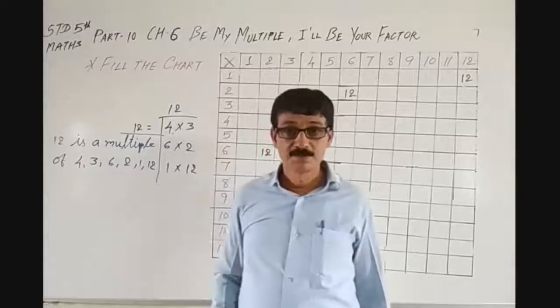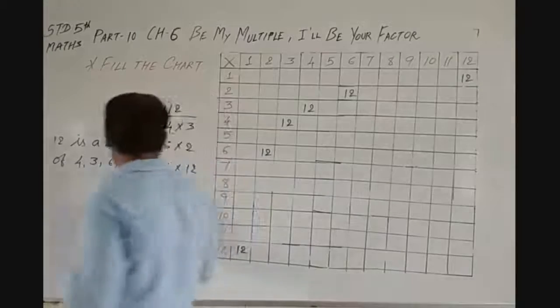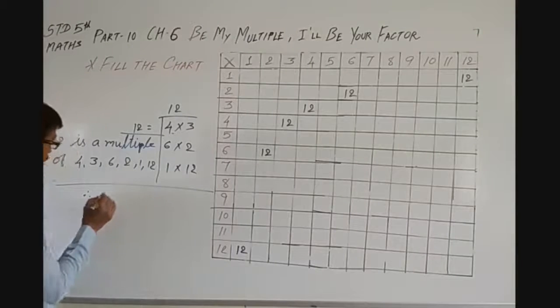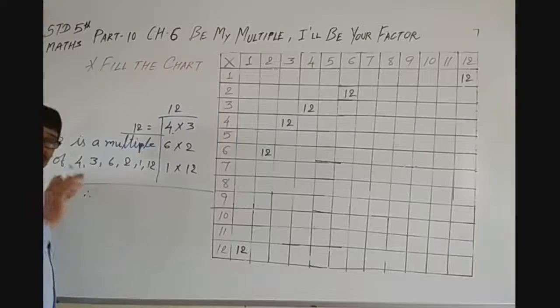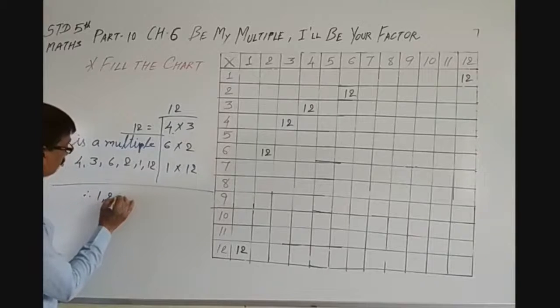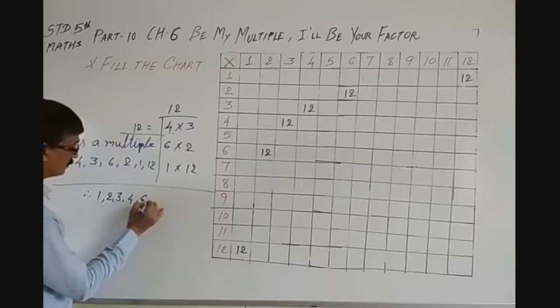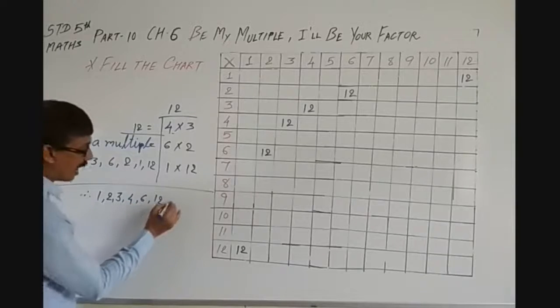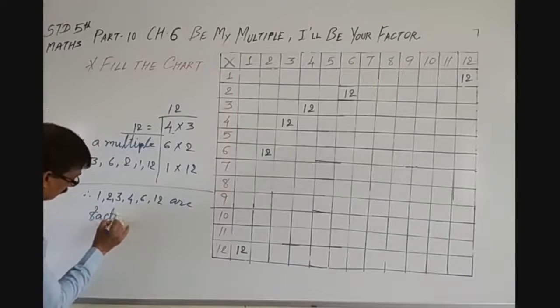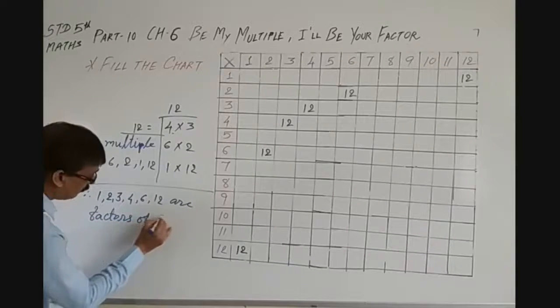Do you get it? Now let me write it down over here. Therefore, see, I am writing in ascending order. So 1, 2, 3, 4, 6 and 12 are factors of 12.